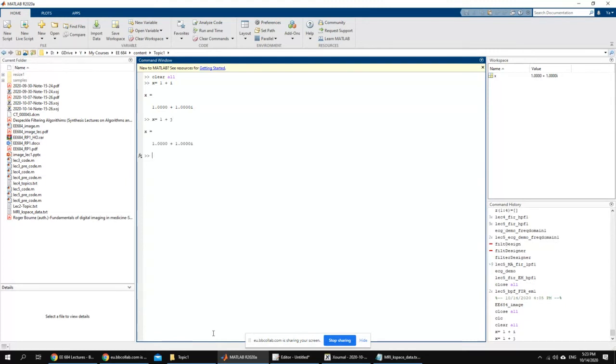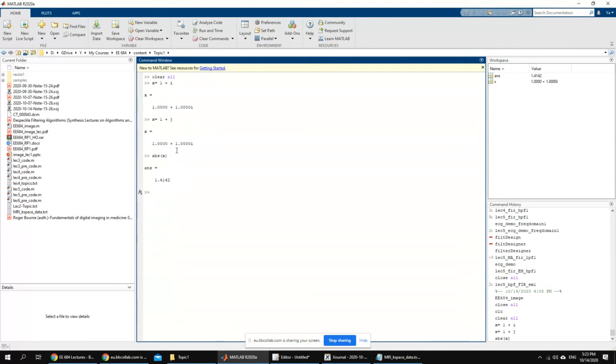It accepts both; they are equivalent and represent the square root of -1, the imaginary variable. If I take the absolute value of x, it comes out as square root of 2, 1.4142.